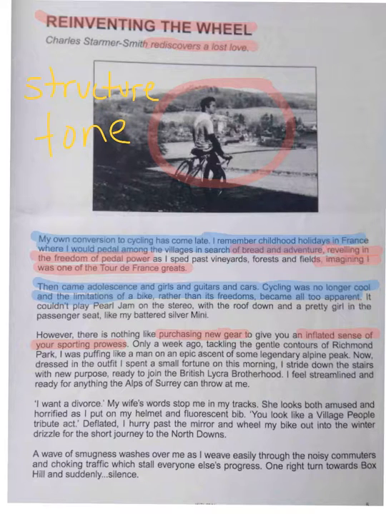And I'm going to come down to here, it says, I stride down the stairs with new purpose. Okay, this active verb, stride, suggesting that he's determined now. Because he's got this new equipment, he's now determined to get out there and cycle along the roads. There's also the British Lycra Brotherhood.